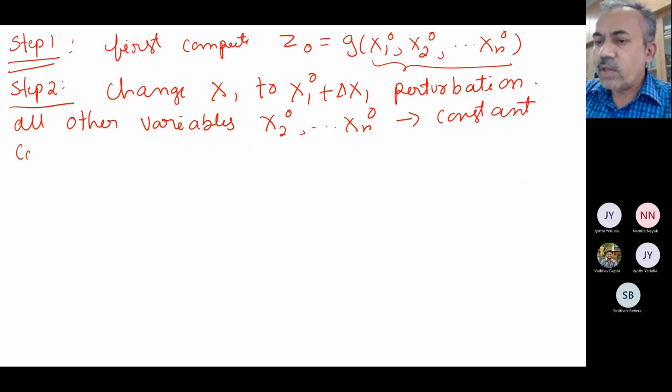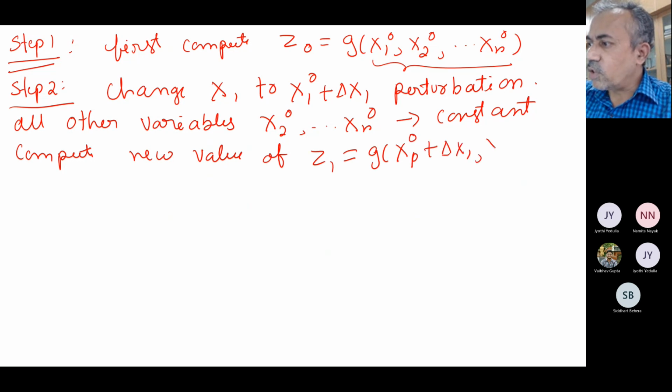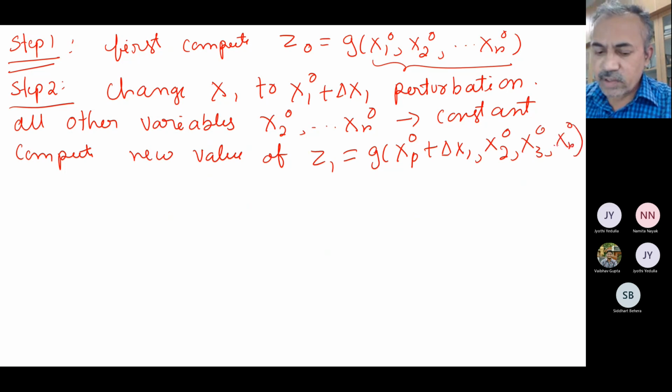So now you compute the new z value, say z1, which is g of x1 naught plus delta x1, x2, and so on. These are all remaining the same actually. Okay, so only x1 we have changed.